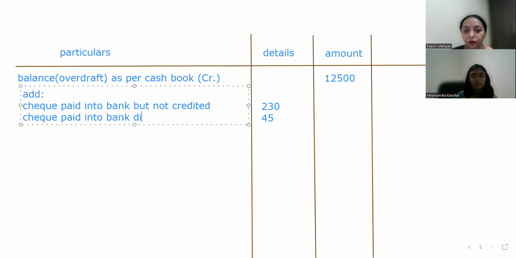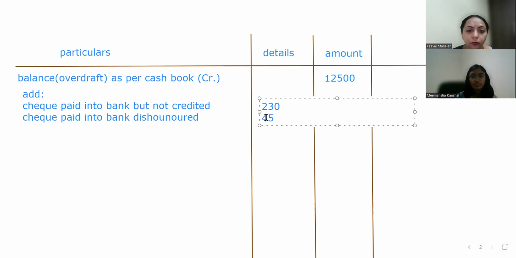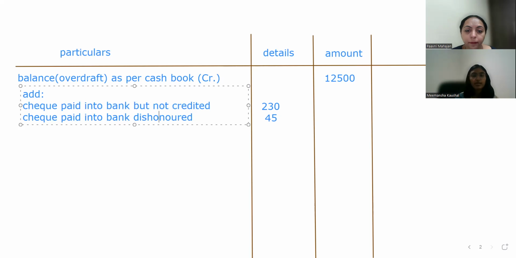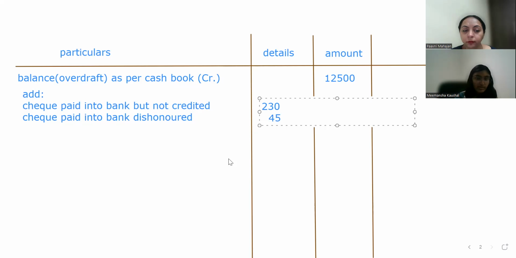And 45, give a space bar. The 4 should come under 3. Dishonored, remove the U after HO. Shift this 4 to the right. Press one space bar. Yes, now it's fine.